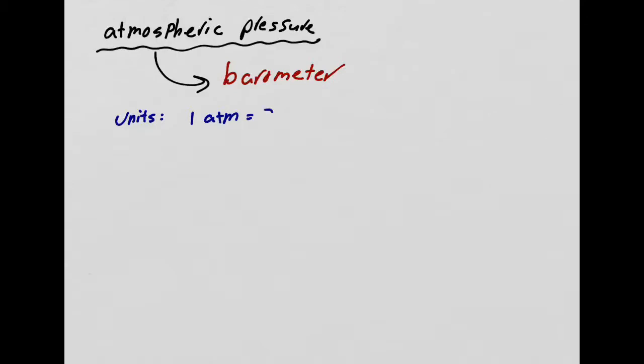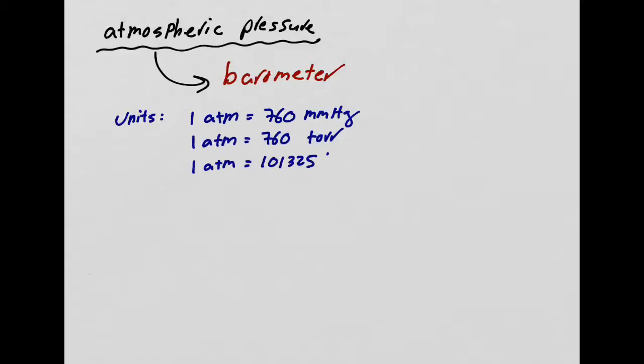And 1 atm is 760 millimeters of mercury. 1 atm also equals 760 torr. And 1 atm equals 101,325 Pascal, which you probably have heard of, which also equals 101.325 kilopascal. Okay. So these are the units for pressure.